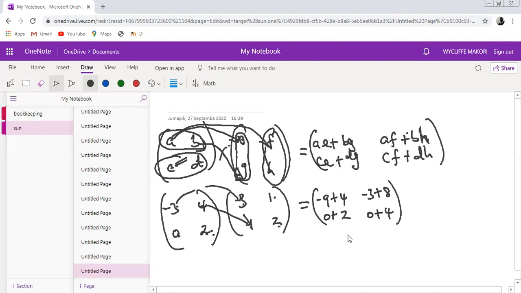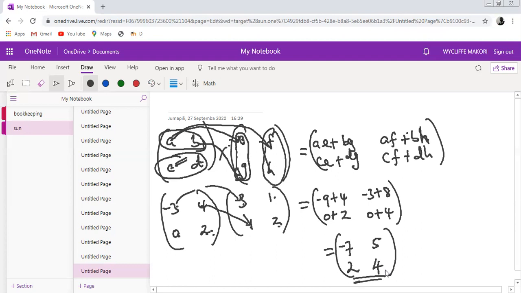And now our final answer will be negative 9 plus 4 is going to be negative 7. This one is going to be 5. This one is going to be 2. And this one is going to be 4. And that is the solution to that multiplication.